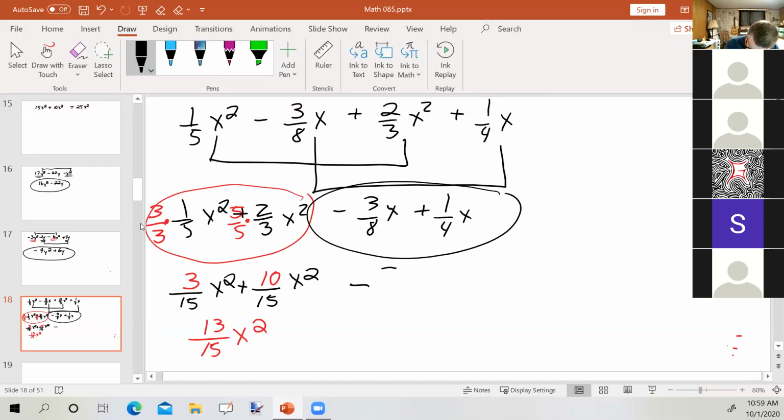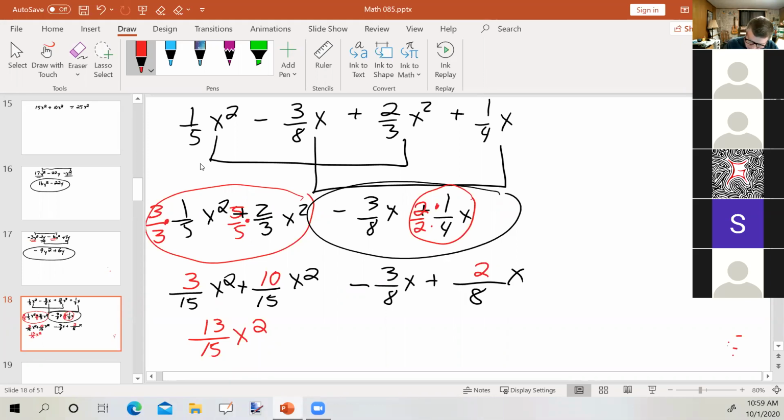So that first term doesn't need to be changed because it already has the least common denominator. But this second term, I need to multiply by 2/2 so that 1/4 becomes 2/8. So the negative 3/8 x stayed. The 1/4 x became 2/8 x because we need a common denominator in order to add or subtract fractions. Any questions there?